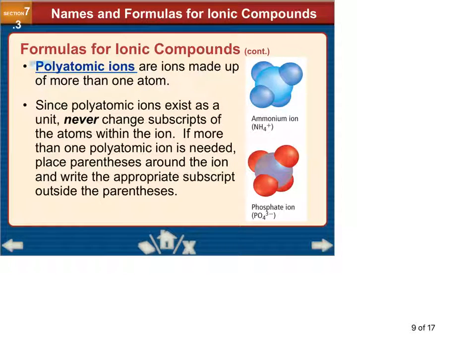There we have some things we call polyatomic ions, made up of more than one atom. Polyatomic ions exist as a unit. We never change the subscripts of the atoms within the ion. If more than one polyatomic ion is needed, we place parentheses around the ion and then use a subscript outside the parentheses. There's a couple common polyatomic ions, the ammonium ion and the phosphate ion.